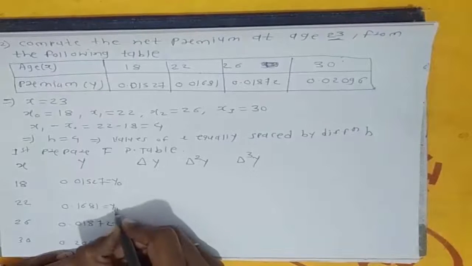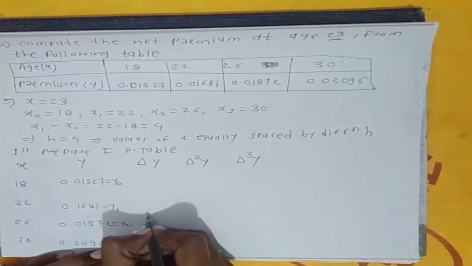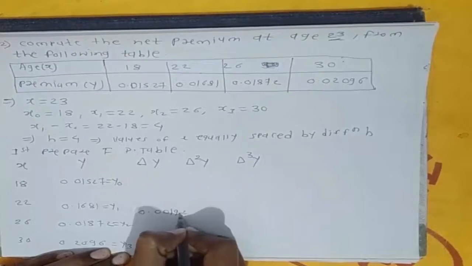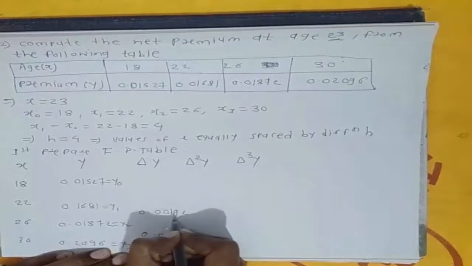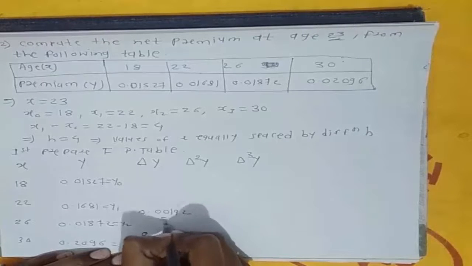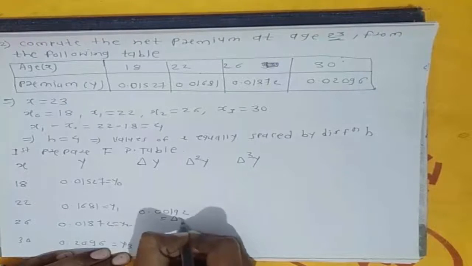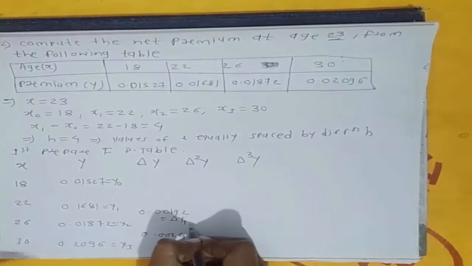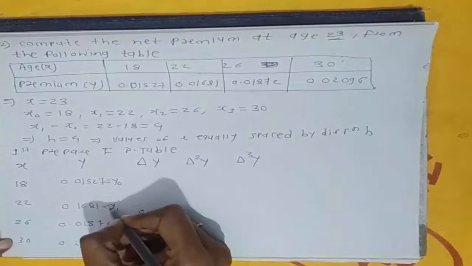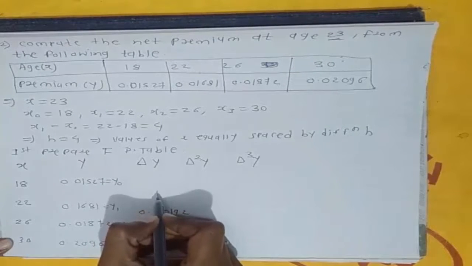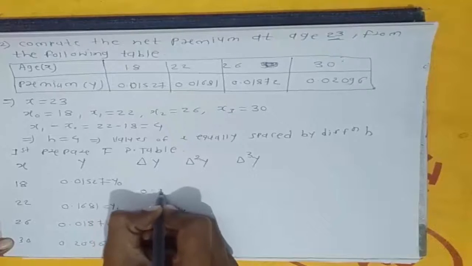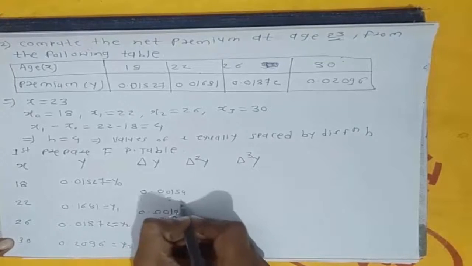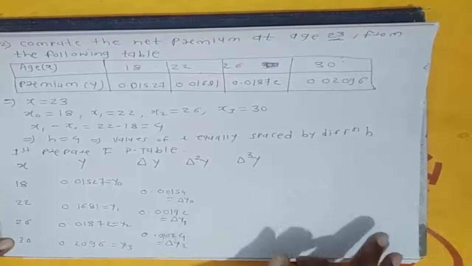Again, y2 minus y1 gives the value 0.00192, which is delta y1. Then y1 minus y0 gives 0.00154, that is delta y0.